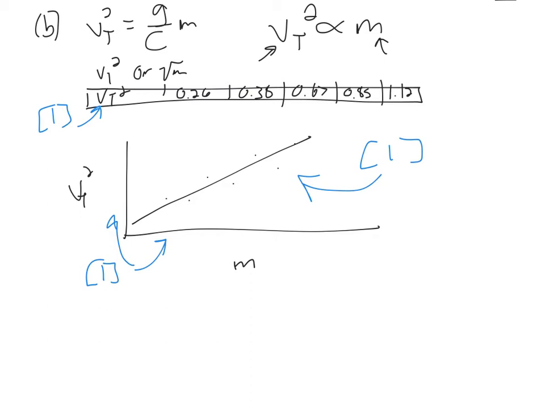It's not just randomly going up. You got 1 point for doing a line of best fit, so not only graphing the data so that it's linear, but graphing the line of best fit. And those are your 4 points.